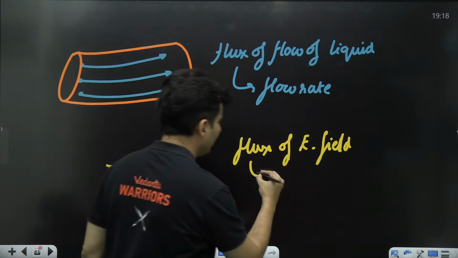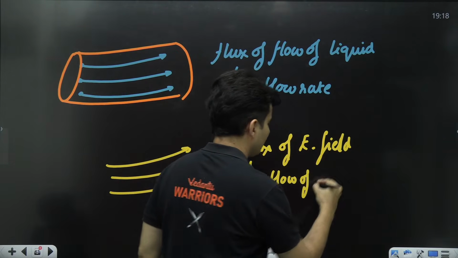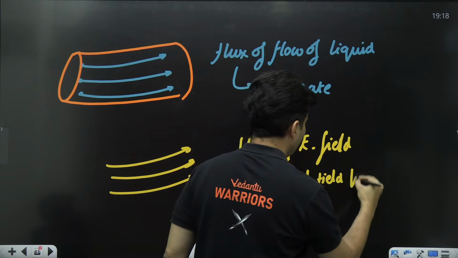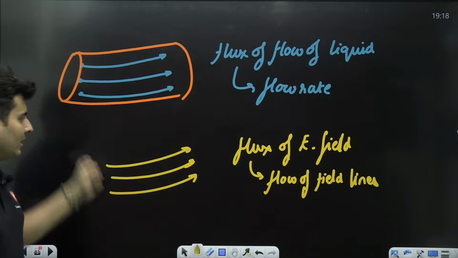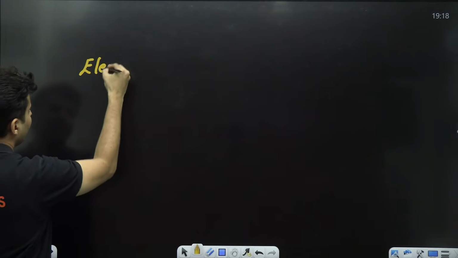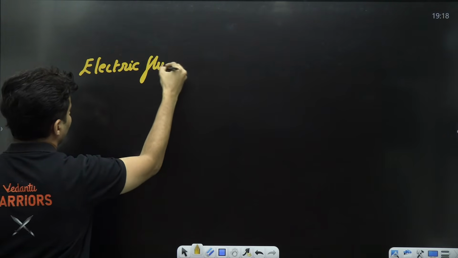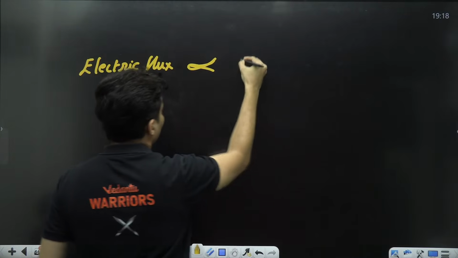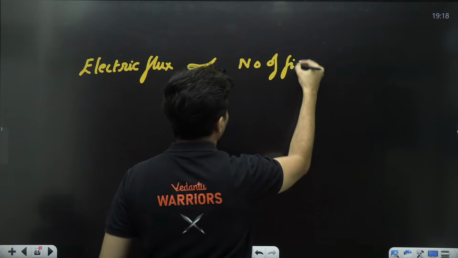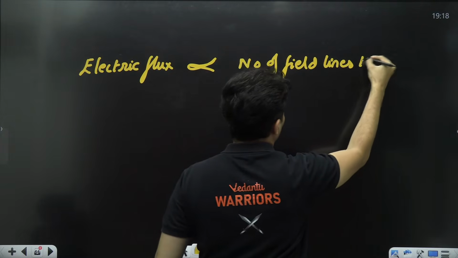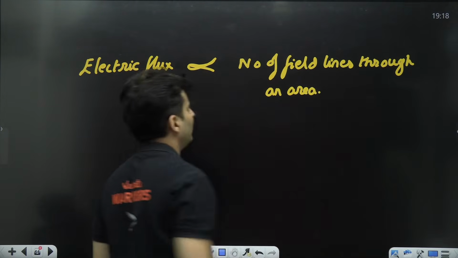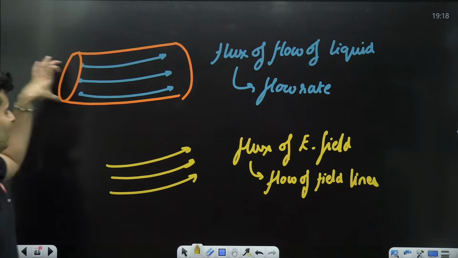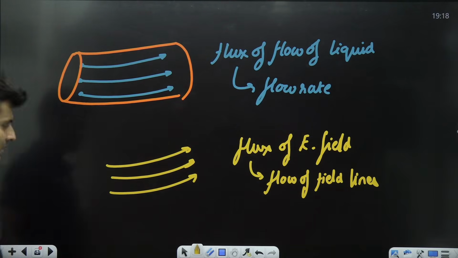So flux of electric field means the flow of the field lines. How much flow is there? If there are more field lines, then the flux is higher. So always remember, electric flux is directly proportional to the number of field lines through an area. If there are more lines passing through an area, it has more flux.